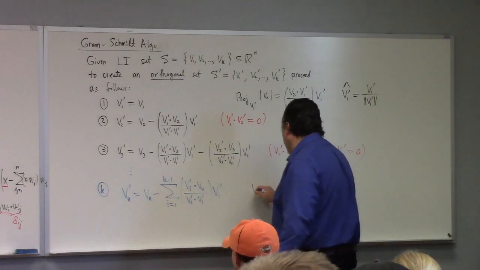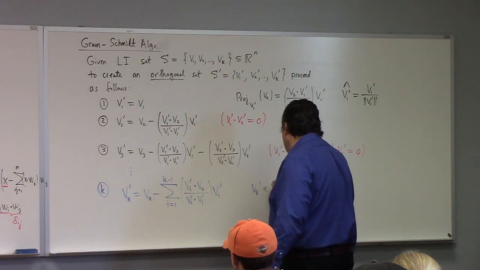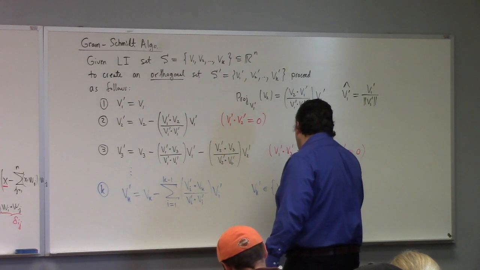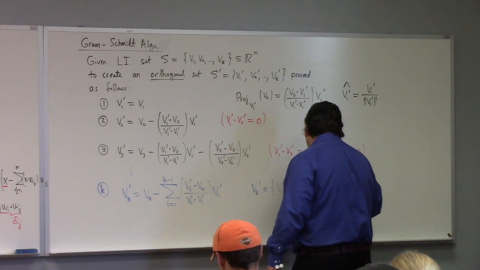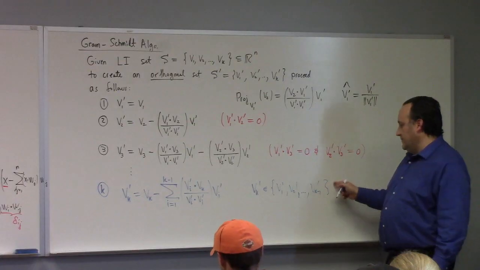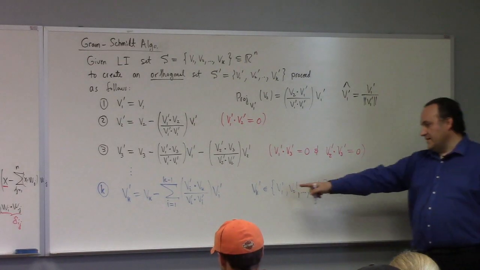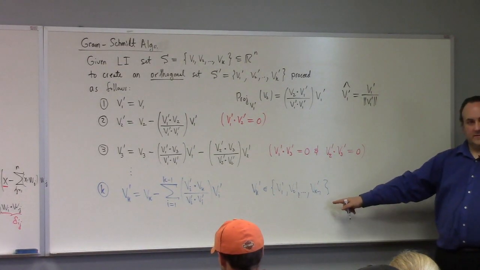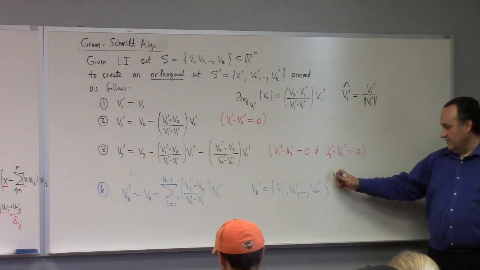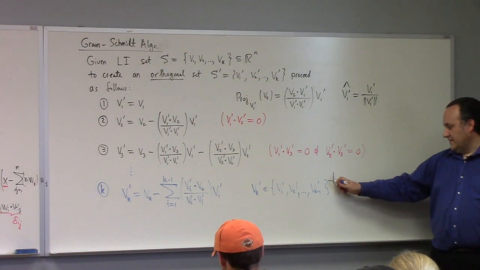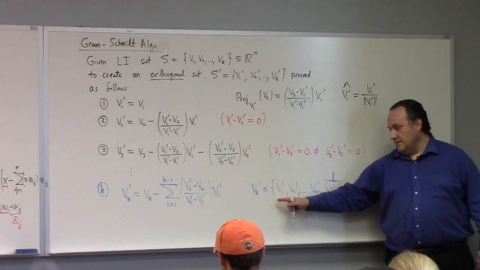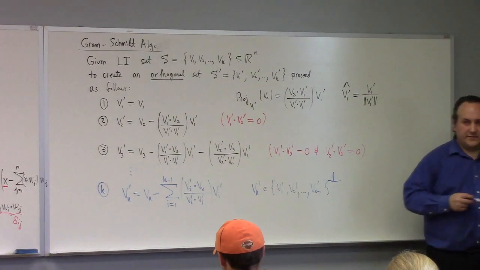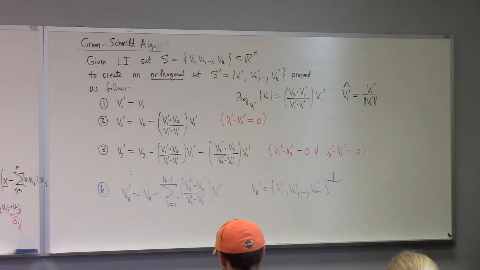And this will make Vk prime an element of, what do we put here in order to communicate this vector is perpendicular to the list V1 prime, V2 prime, dot dot dot, V(k-1) prime? What's our notation? Remember, we do a perp. The perp of a set of vectors is the set of all vectors orthogonal to this given set. By construction, Vk prime is orthogonal to V1 prime through V(k-1) prime. All right?